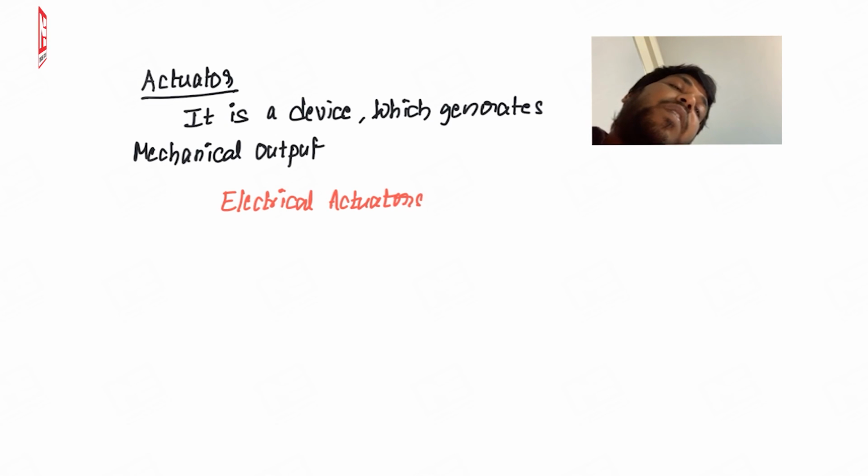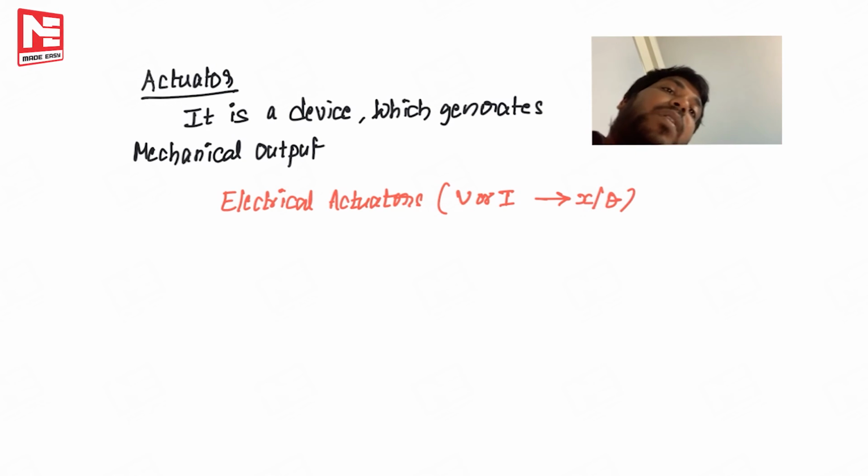Electrical actuators, in the sense, convert electrical input, that is either voltage or current, into mechanical output, that is either linear displacement or angular displacement. The second category is mechanical actuators.